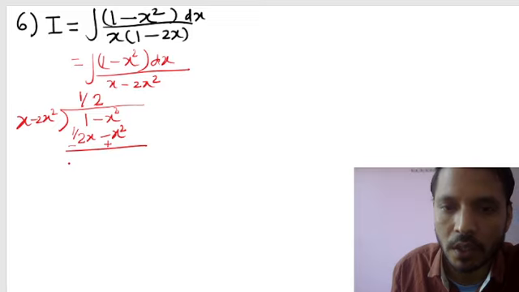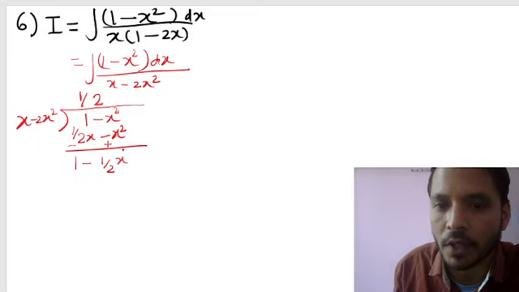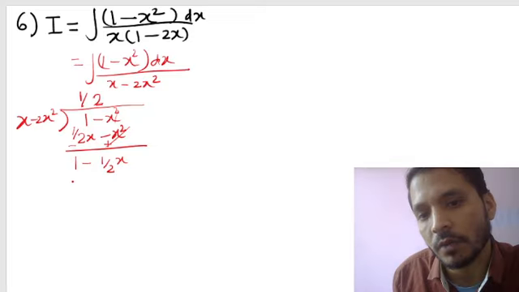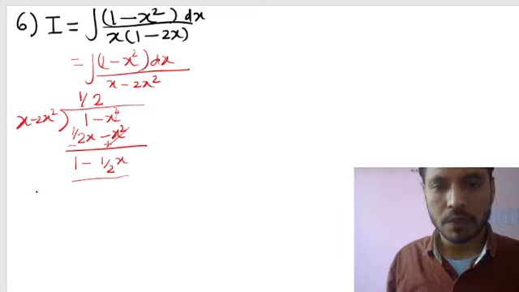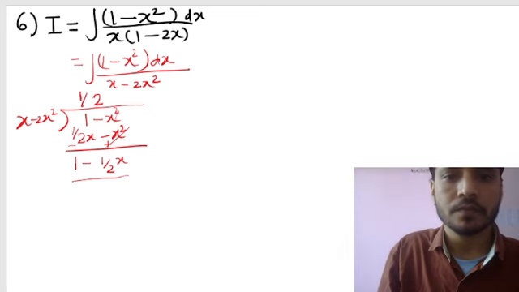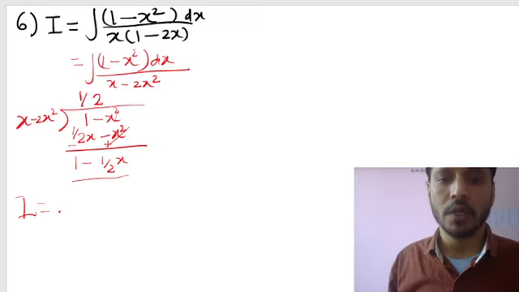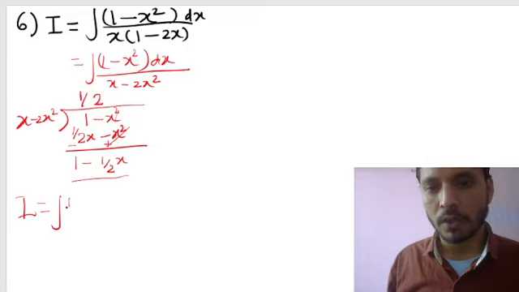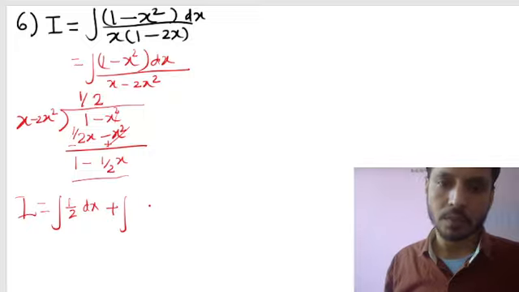So it is 1 minus 1 by 2x, and x square will get cancelled out. So we have just 1 minus 1 by 2x. That means I can be written as integral of q, which is here 1 by 2, so 1 by 2 dx, plus integral r upon d.